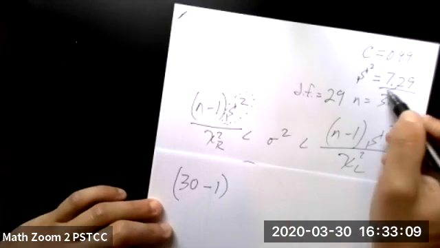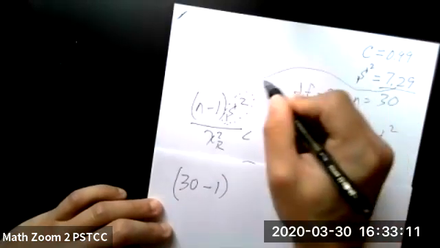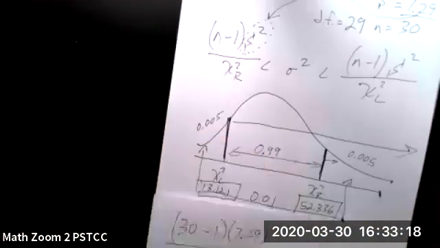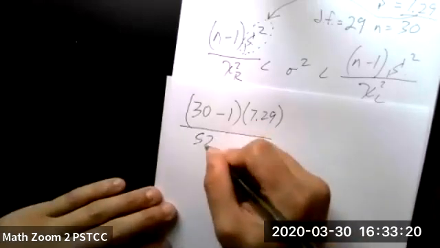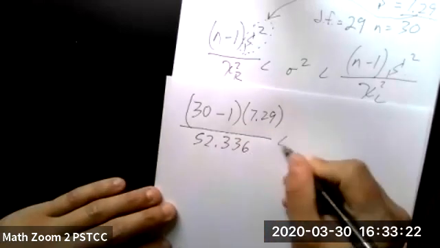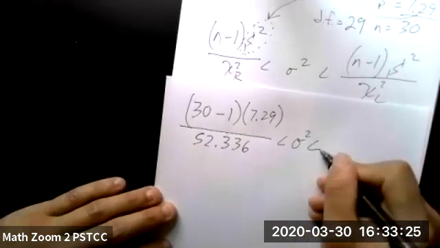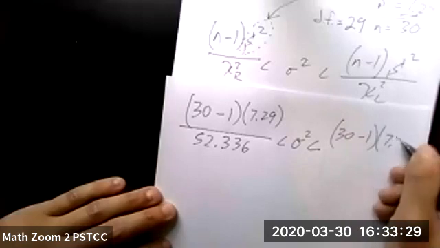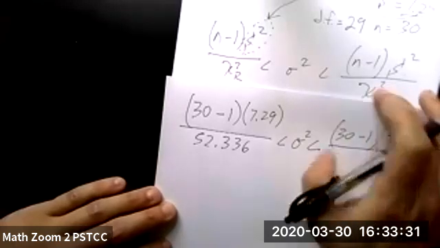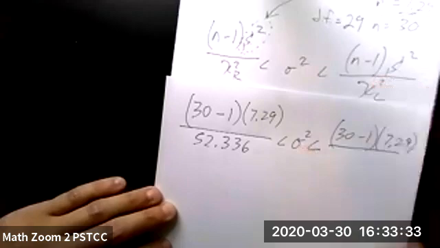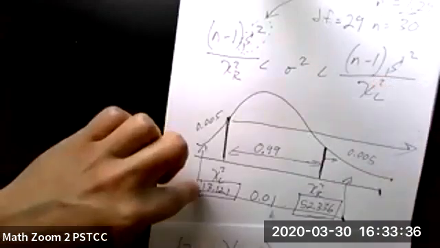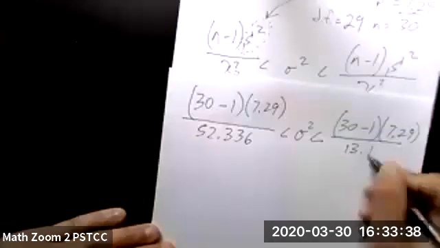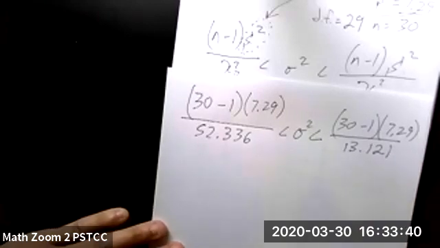We put that entire thing in for S squared itself, over chi-squared right, which was 52.336. On the other side, very similar, chi-squared left, 13.121.